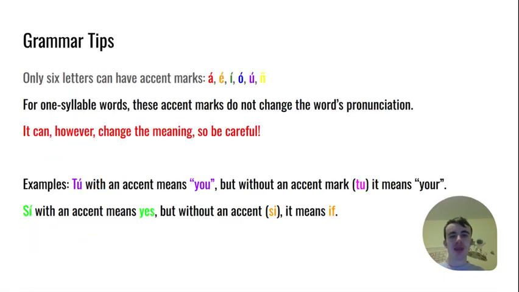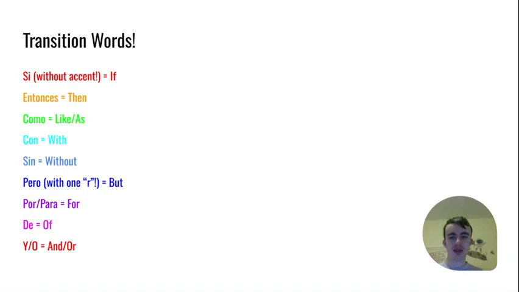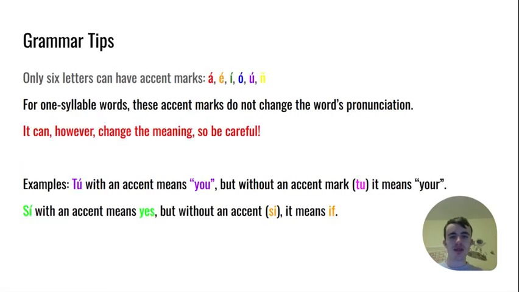And now, here are some grammar tips. So you might know that none of the vocabulary words have an accent mark, which brings me right into this grammar tip.